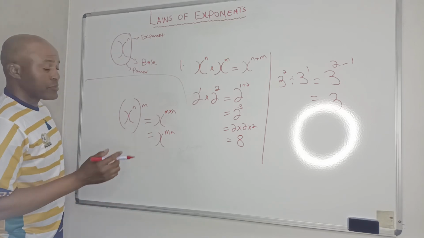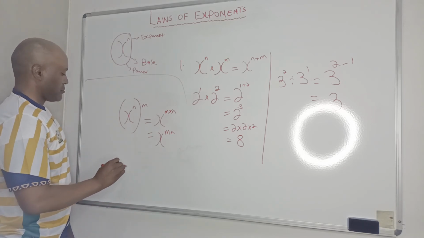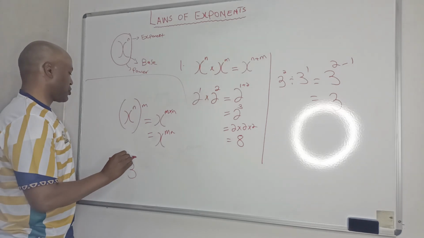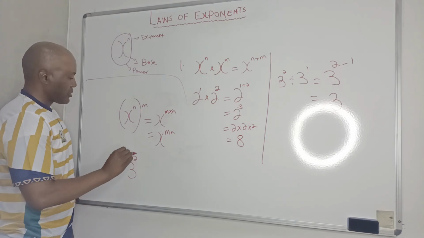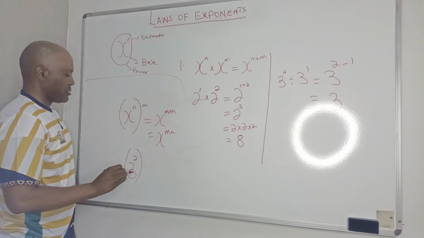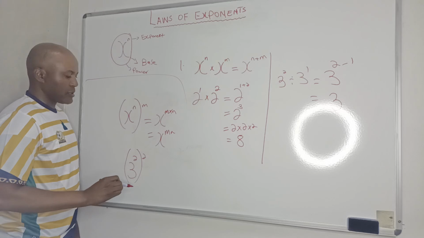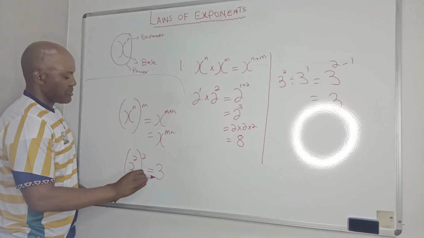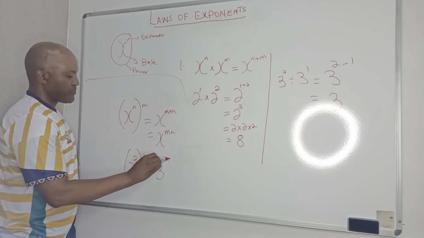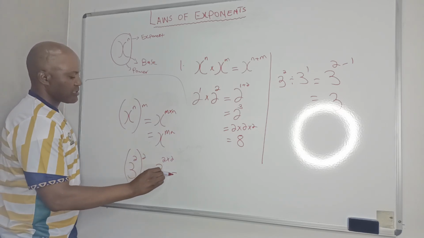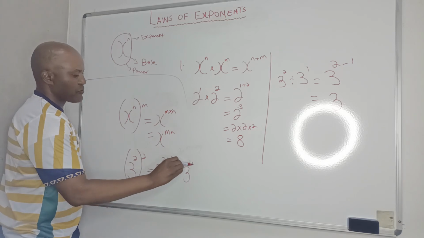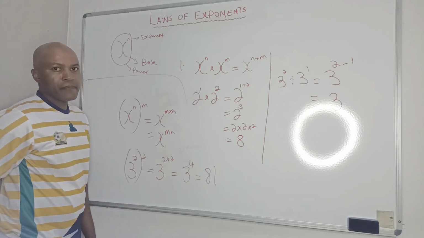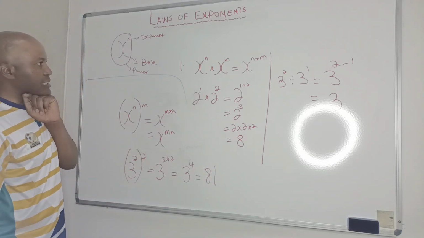For example, we've got 3 raised to 2, raised to 2. What's the answer? You keep the base and multiply the exponents. Then the answer will be 3 raised to 4, which is 81. That is rule number 3.